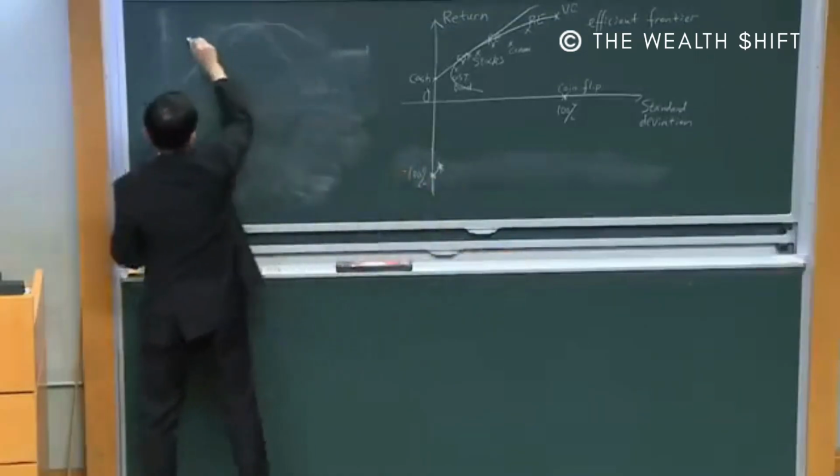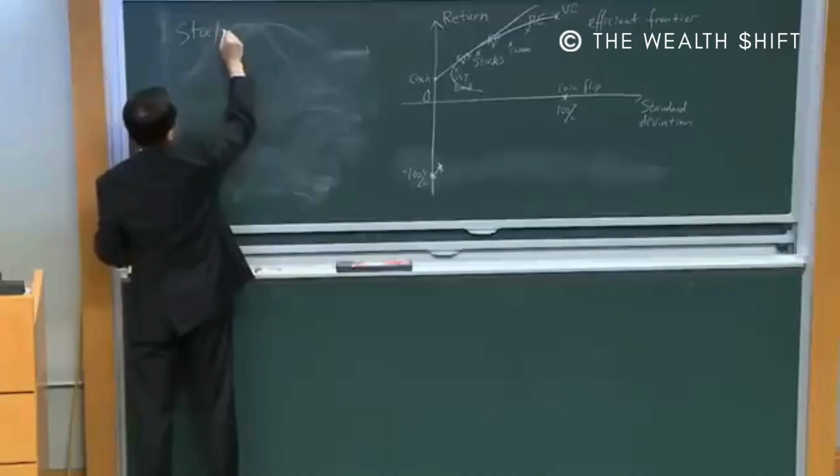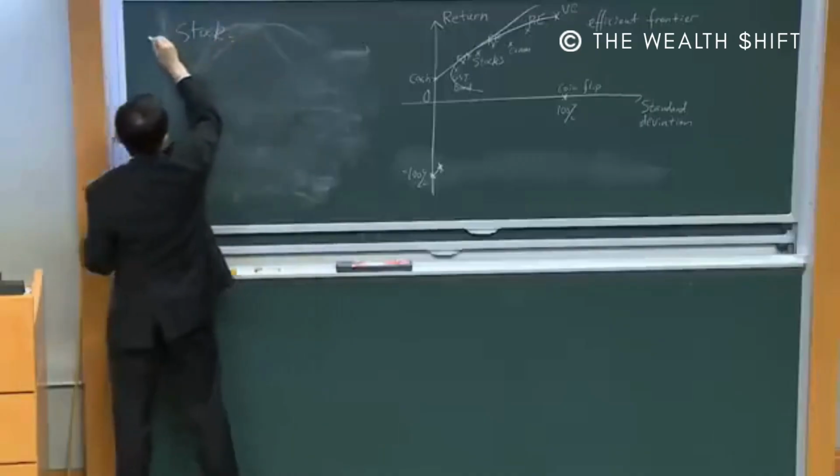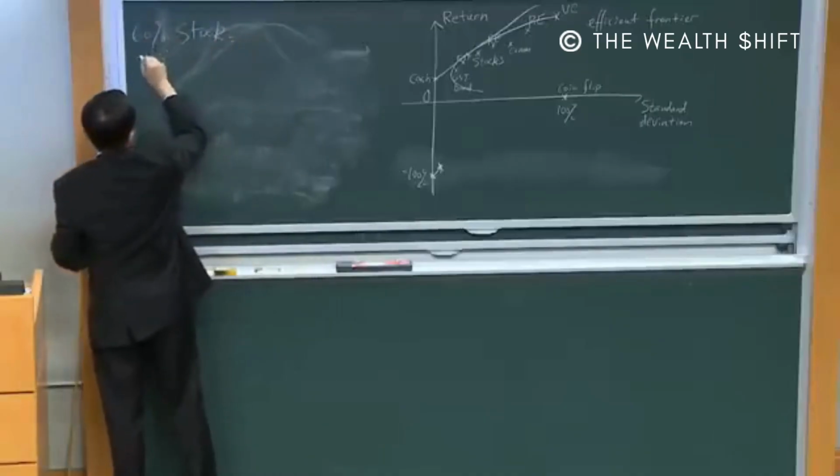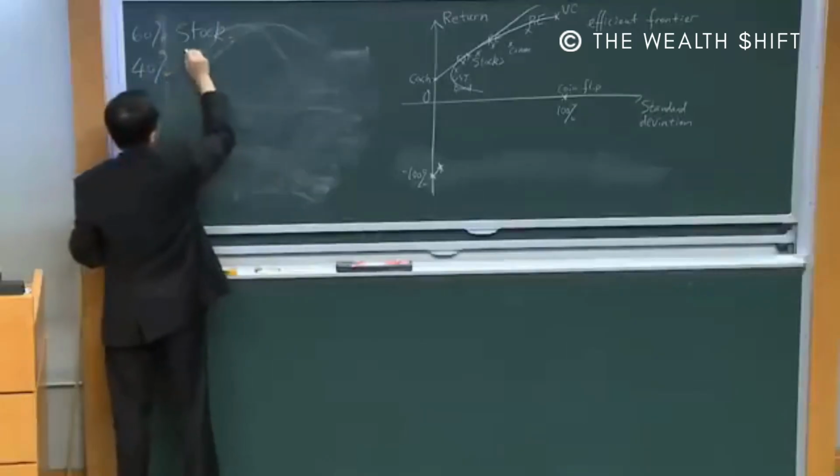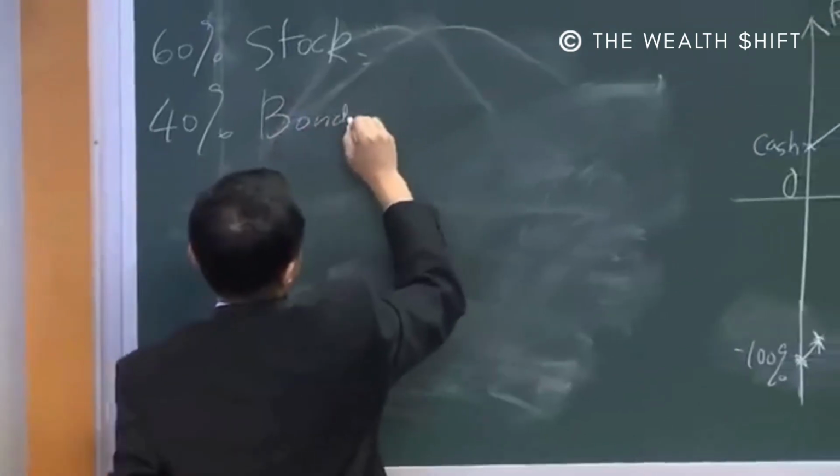So again, two assets. Stock has, let's say, 60%, 40% bonds.